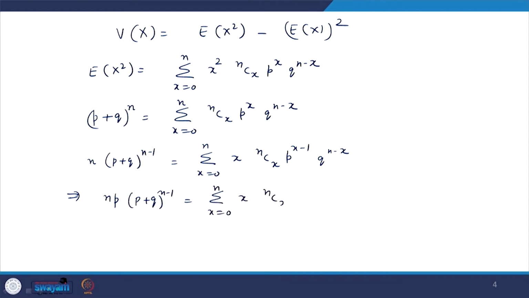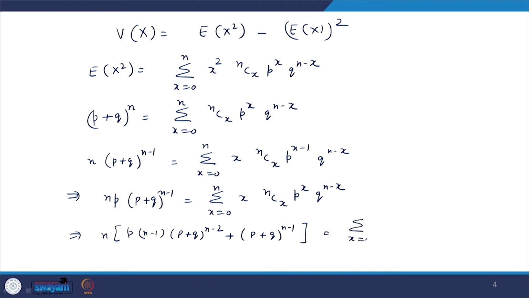If you multiply both sides by p, it is p raised to power x q raised to power n minus x. Now, again you differentiate with respect to p because you want x square. So, that is nothing but n times, first as it is, derivative of second will come here, plus second as it is, derivative of first will come here, and that is nothing but summation x varying from 0 to n, x square nCx p raised to power x minus 2 and q raised to power n minus x.